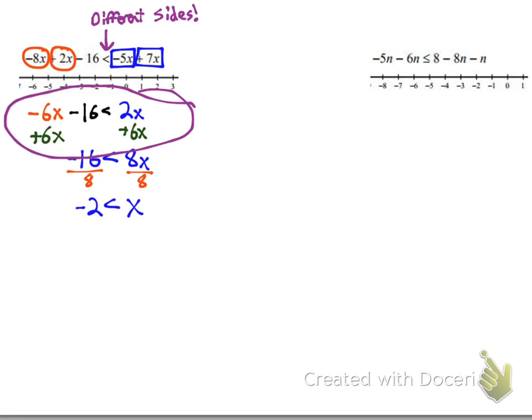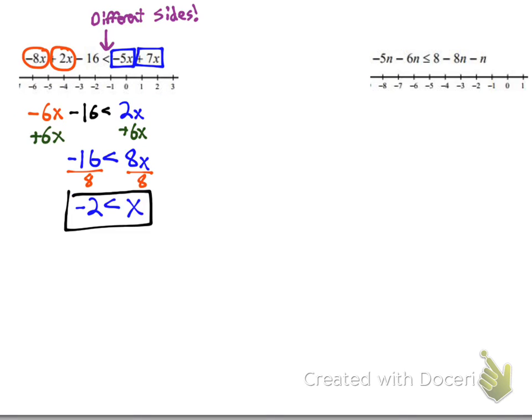That is perfectly fine. It's just when you solve for the x later, make sure that if you're dividing by a negative, you need to switch the direction of the inequality. So that is our answer. To graph it, that is -2 is less than x. That means x is bigger than -2. So I'm going to put an open circle on -2 and graph everything to the right of that. All right, try this one on your own now.